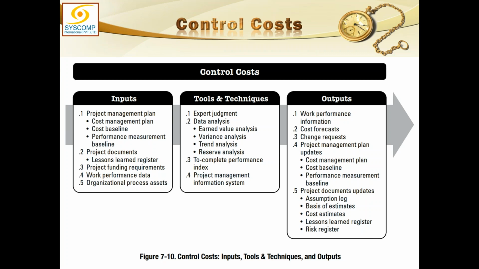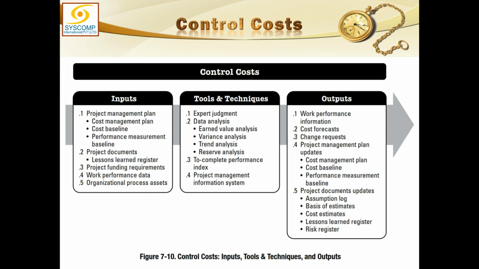In control cost, we will naturally be using the expert judgment and various data analysis tools. And these are exactly those tools which I have been mentioning to you: earned value analysis, variance analysis, trend analysis, reserve analysis. All of these different kinds of analysis will be done.